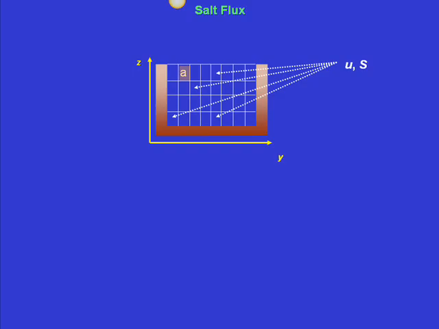So essentially, to determine the salt flux in an estuary, as illustrated in this diagram, you can subdivide a cross-section into different areas. In this particular illustration, each individual element there, each square or almost square, has a known area.